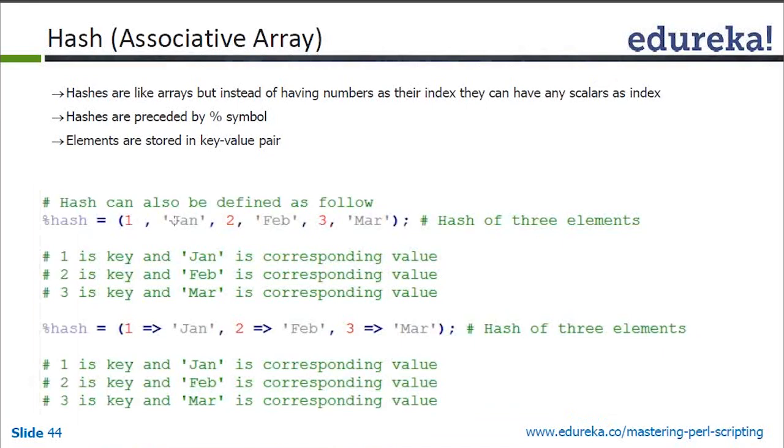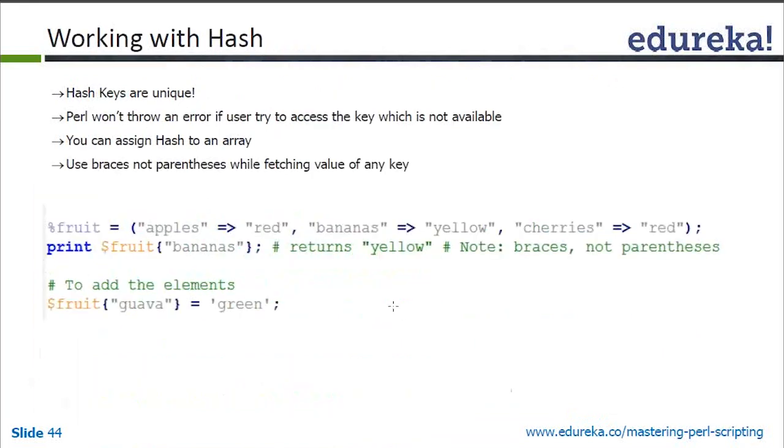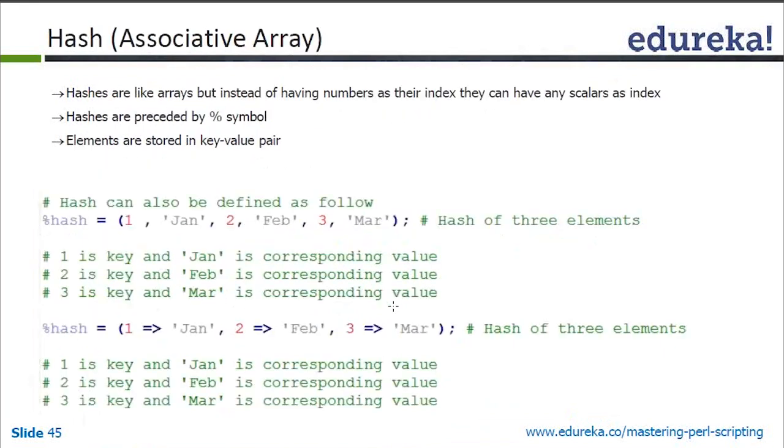You are telling that the first index is Jan 2. If you go further, you will come to know what a hash is. Any index can have any value, and I told you that the indexes can be scalars, and the scalars can be an integer, a float, a string, anything. So it does not matter whether it is in some order. It is just an index.